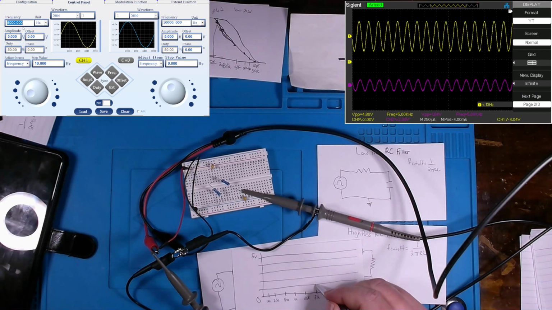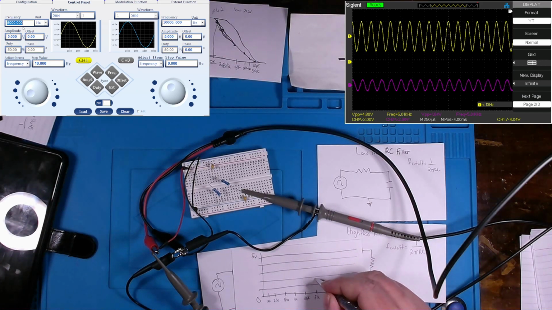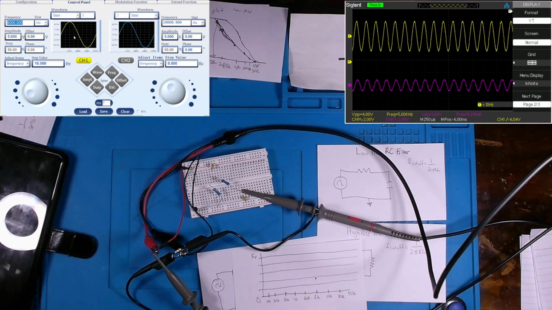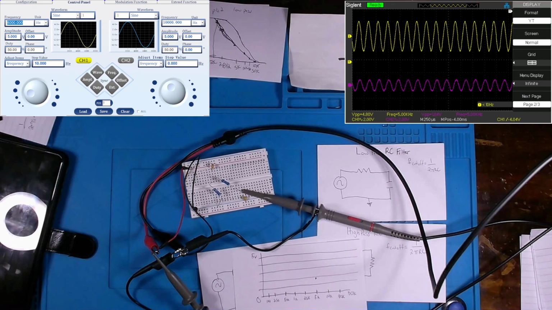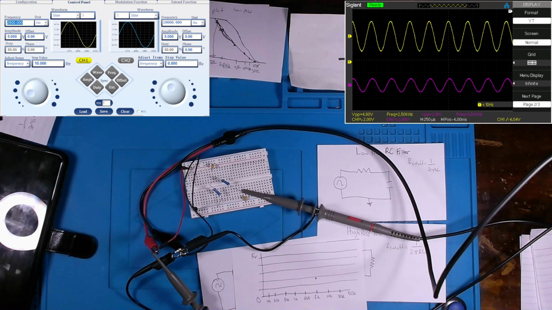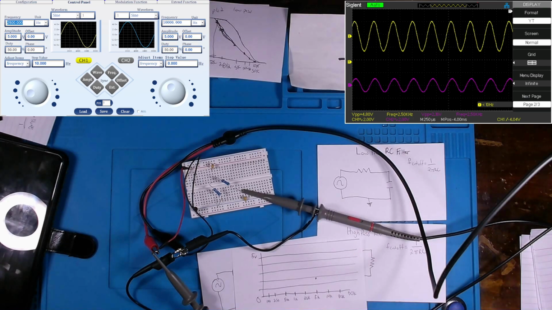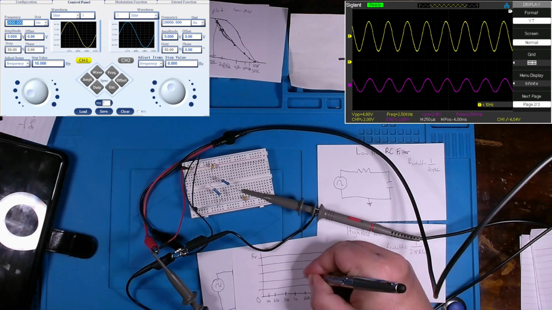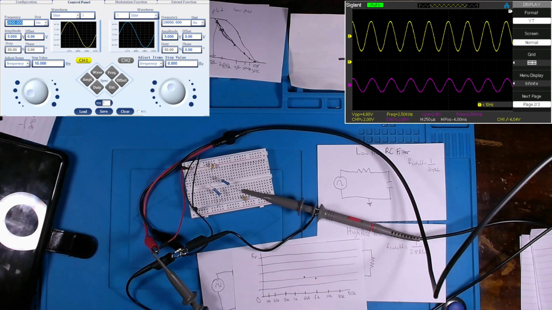So we go up here, and we can probably put that kind of right here, okay? And let's go to 2500. We have 2.16 volts. So we'll put this just a bit above the 2.